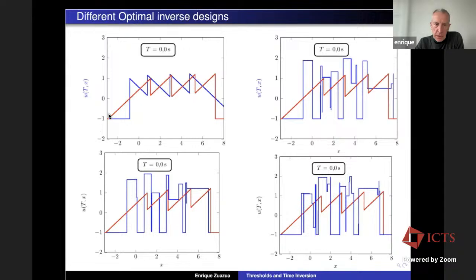So in particular, this red broken line here seems to be a good candidate for getting an approximation of Burgers. Now, my claim is that this blue initial condition here is a good initial condition that leads to this Burgers solution.